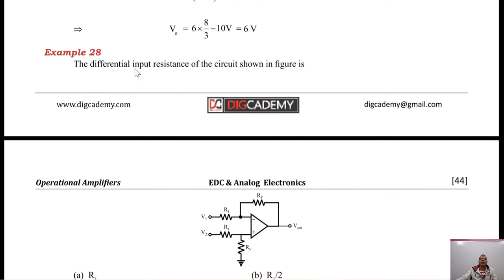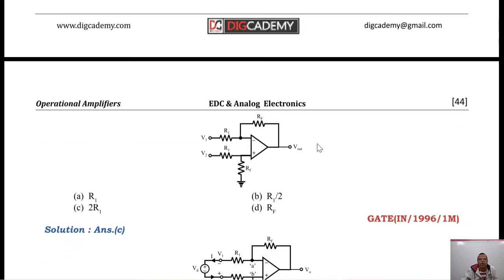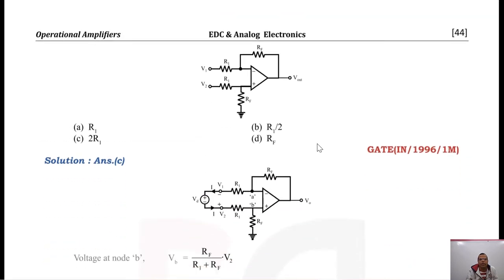Now the differential input resistance of the circuit shown in the figure, you have to find. So what is the meaning of differential input resistance? So the differential input voltage to this circuit is what? V1 minus V2. So here, see it carefully, in this circuit we have a simple difference amplifier.